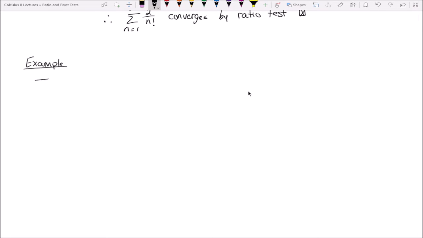Next, let's consider the series n equals 1 to infinity, n squared over 2 to the n. So the limit as n approaches infinity, absolute value of n plus 1 squared over 2 to the n plus 1, all over n squared over 2 to the n.